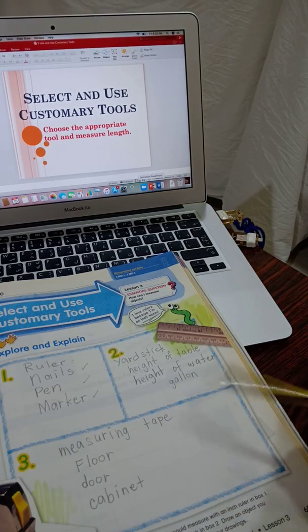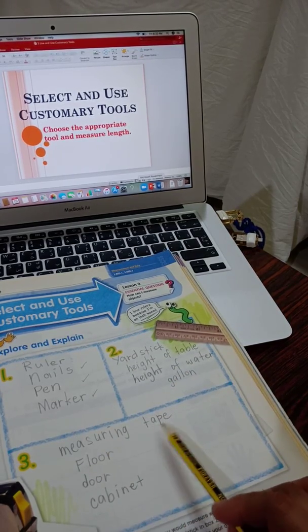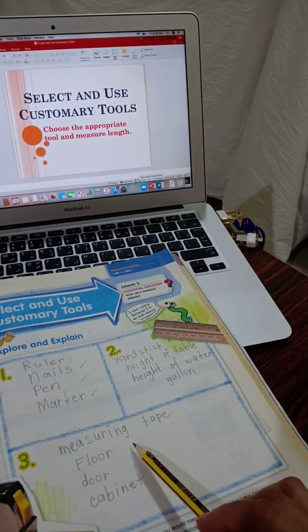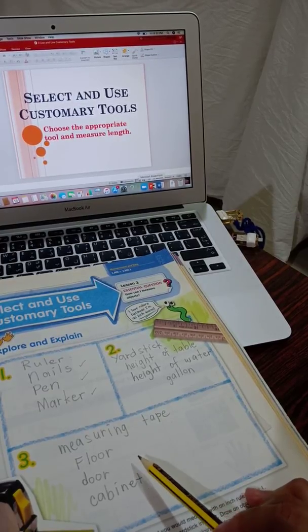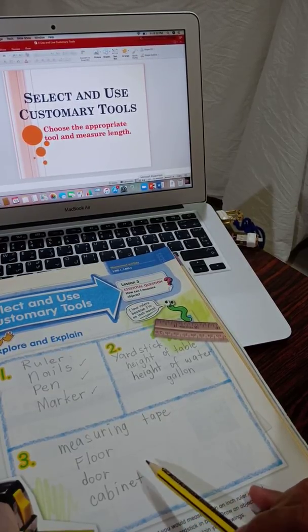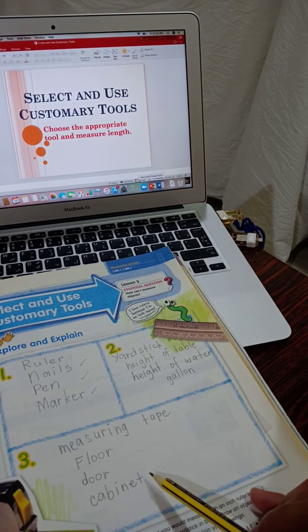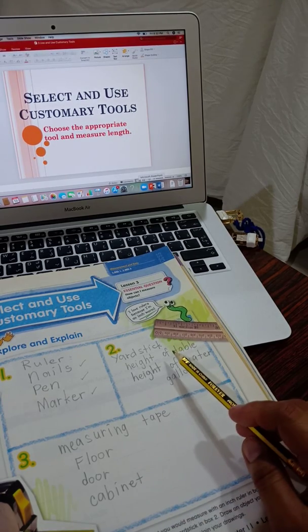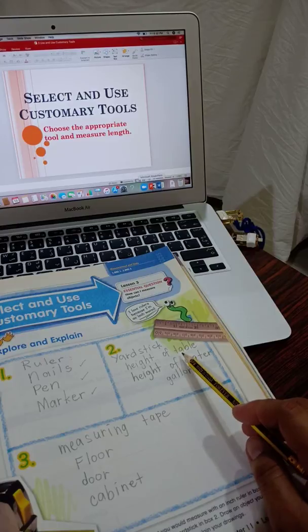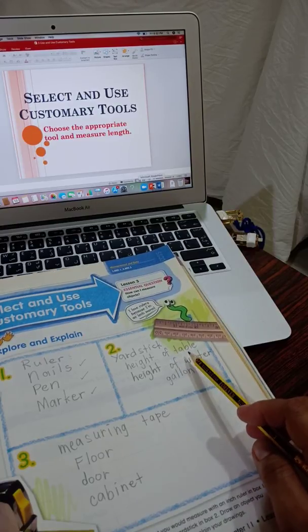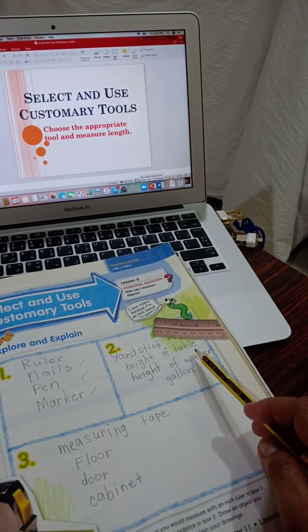And with the measuring tape, these are the largest objects, or the biggest objects with a big length. And then the yardstick, it must be longer than our 12-inch ruler but less than 3 feet.